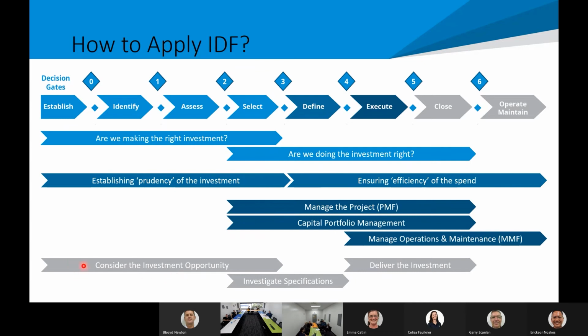Up front we're considering what that investment opportunity is and the options. We're investigating the specifications through that select and define phase, and then of course we're delivering it through the execute and close. So the takeaway for me is there's lots of stuff that this IDF is trying to do, as we know, but it's about breaking it down and making it really practical so that we can actually do it and we have discipline when we do it.